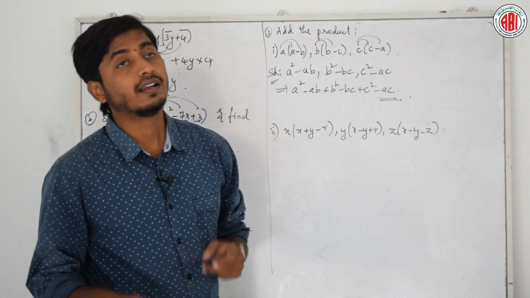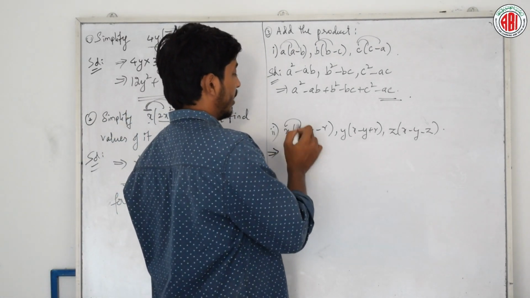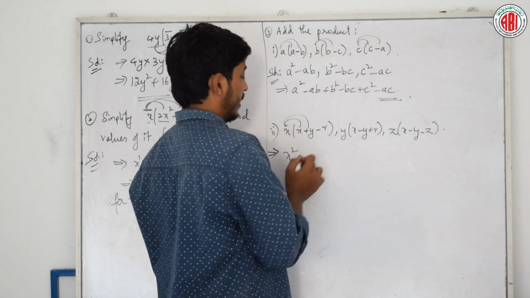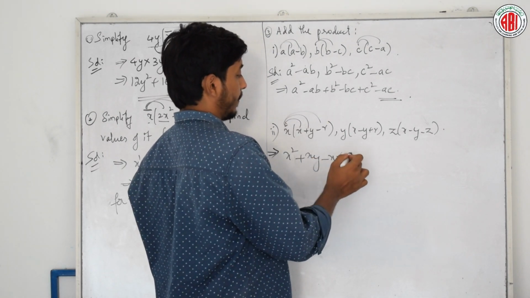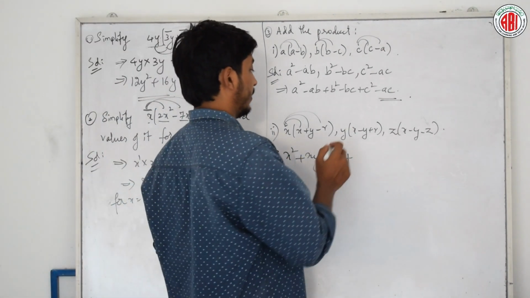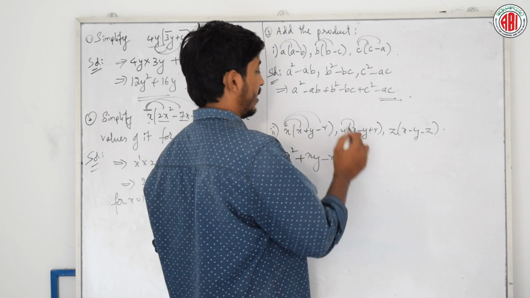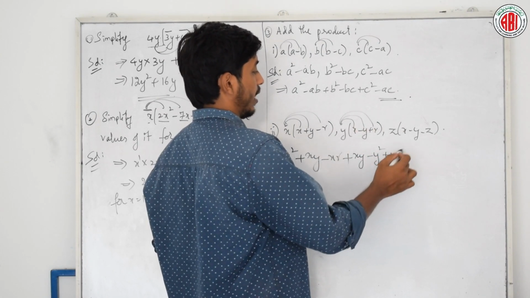Is it clear? Fine. And next, similarly we have to do it here. x into x, x square, x into y, xy, x into r is xr. Plus, here also let us multiply it. y into x is xy, y into y is y square, y into r is yr.